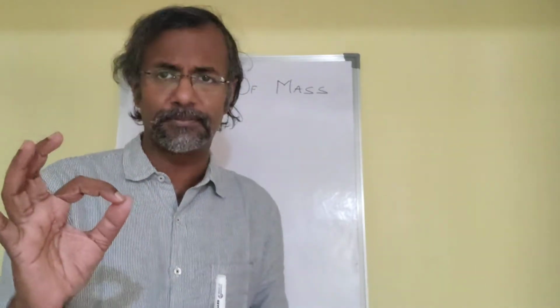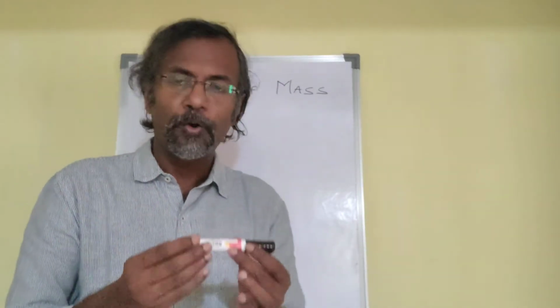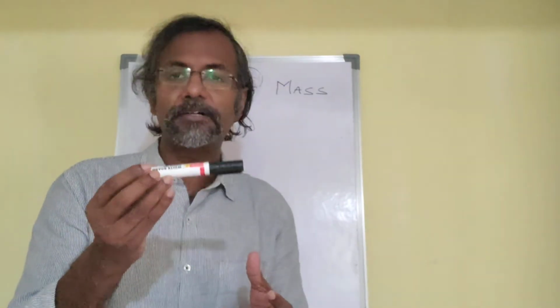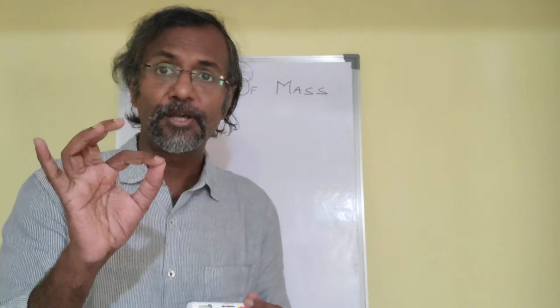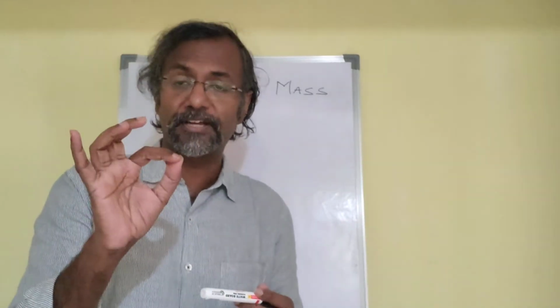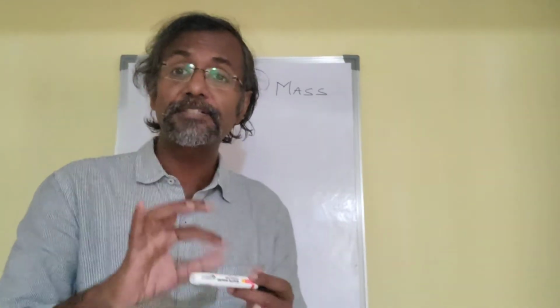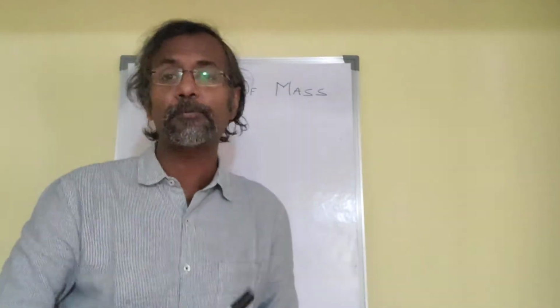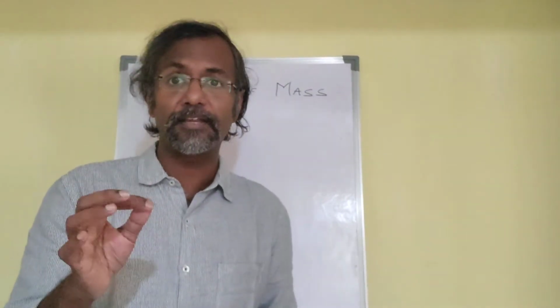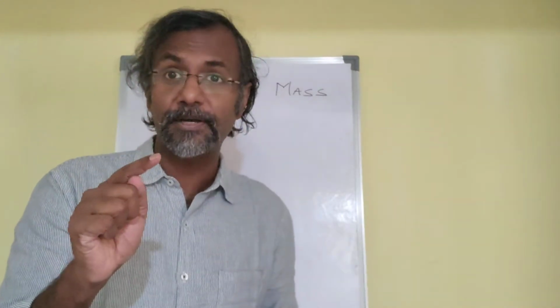I call it incredible, right? Because when you throw this marker up, there is a point in this marker that moves such that all the mass of the marker is concentrated at that one point. I'll repeat this again. That point is called the center of mass.